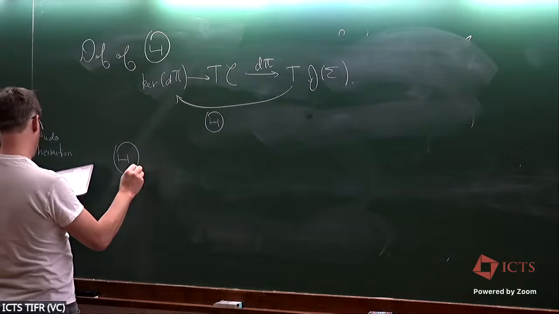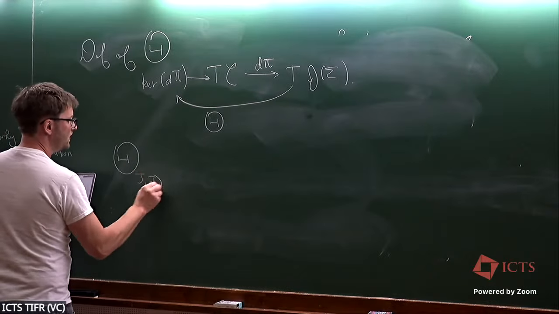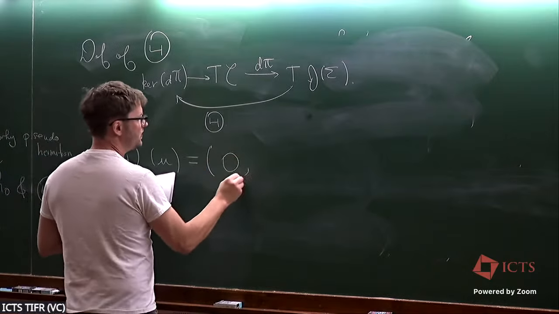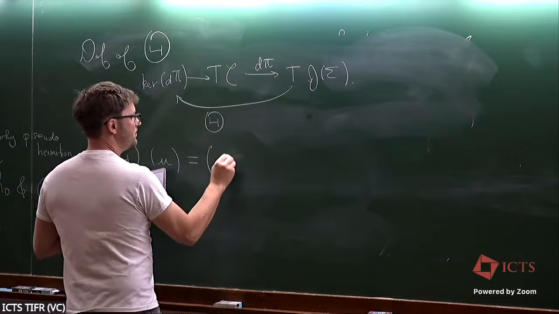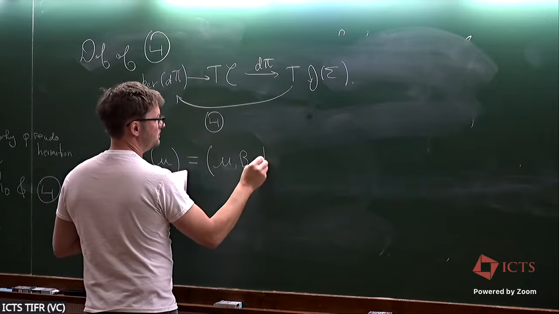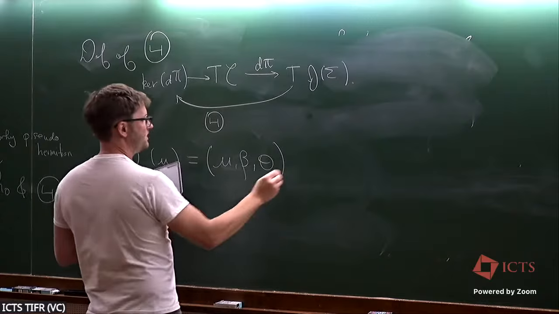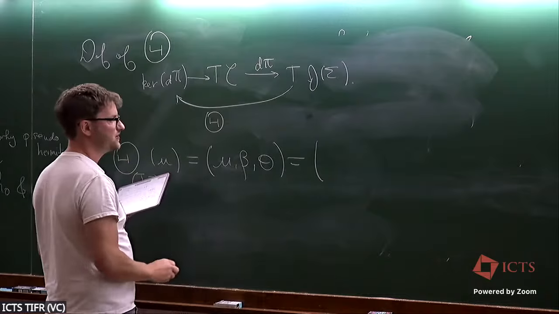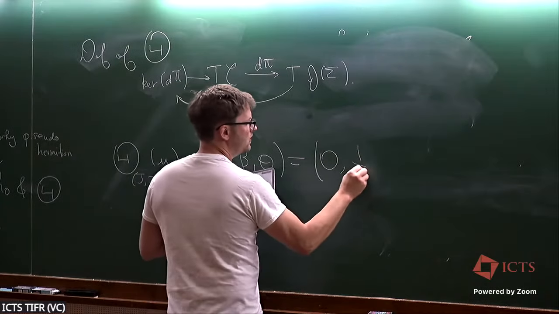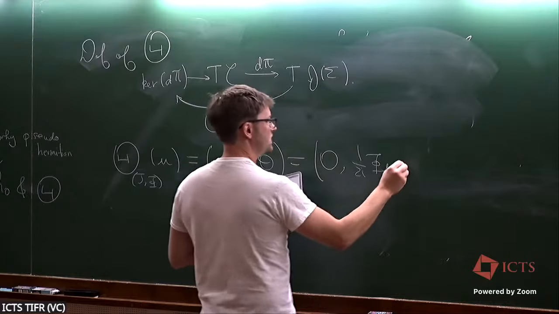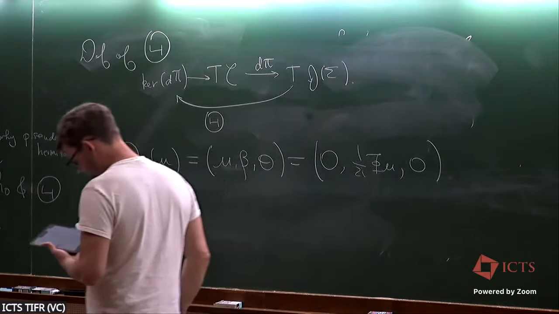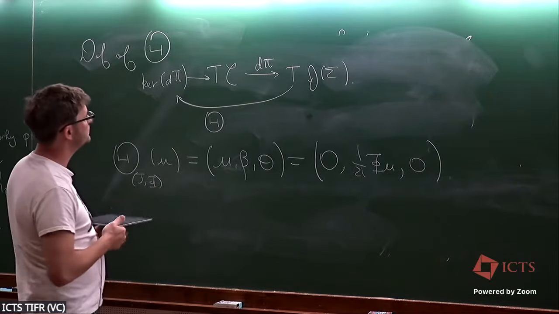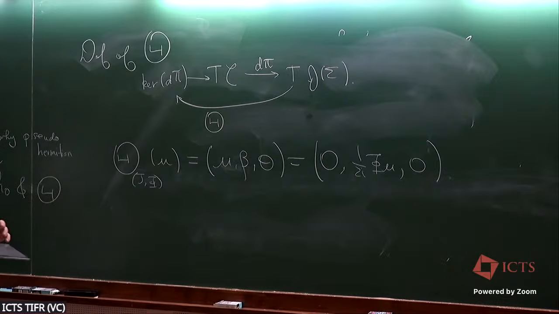The theta at a point j, phi of mu, which I'm writing as mu, beta, theta, is equal to, in terms of the tangent vector decomposition I just gave, (0, 1 over 2i phi mu, 0). Okay, so that's the definition. So what are you doing on Higgs bundles for a fixed Riemann surface?